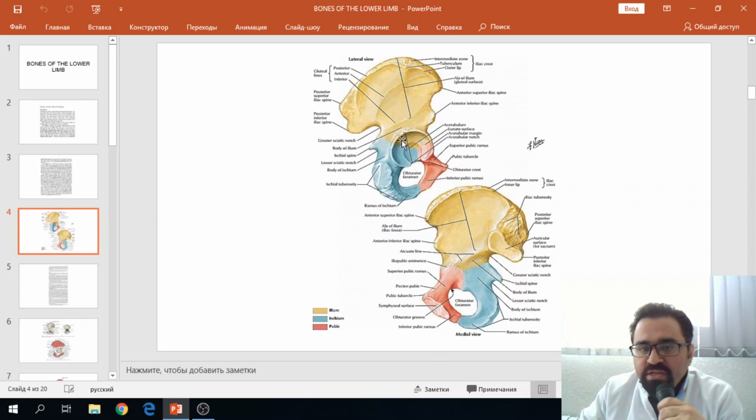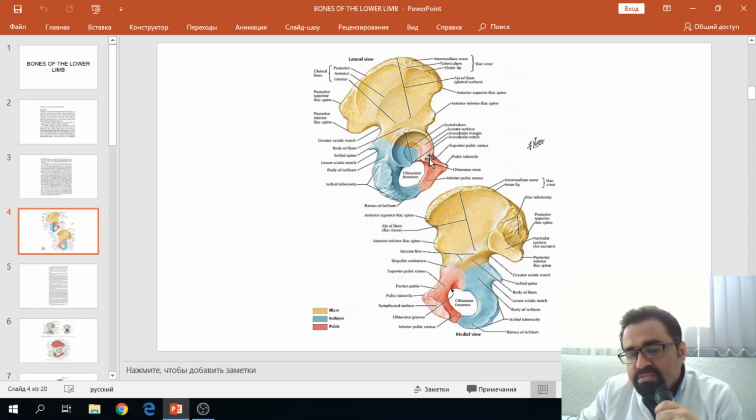Outer there is a lunate surface, and then there is the inner. There is a gap, as we can see. There is a gap left by nature on its inferior aspect, which is called the acetabular notch. Then this is the acetabular margin.